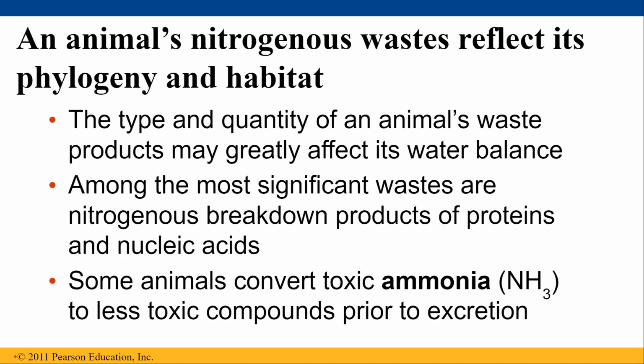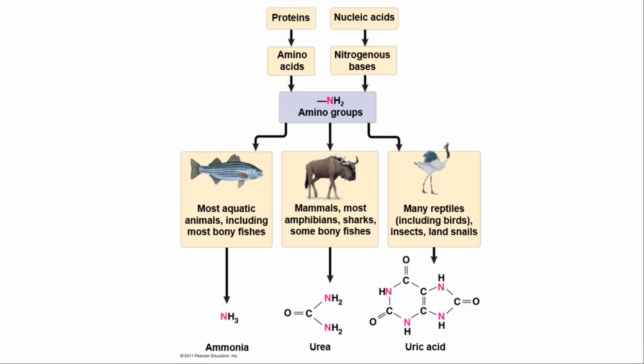So some animals are going to excrete that ammonia in different ways, and they're going to have more or less toxicity depending upon how they are excreting that waste. So different animals are going to be excreting that extra nitrogen in different ways.